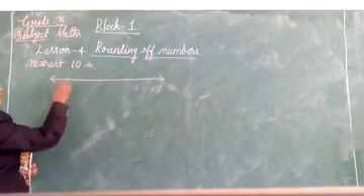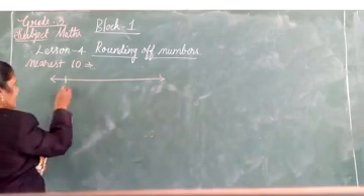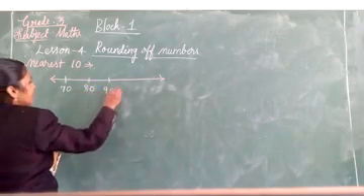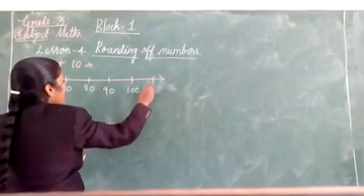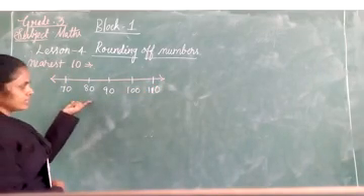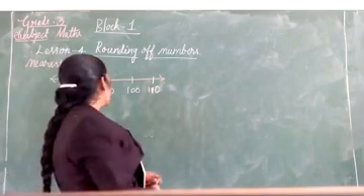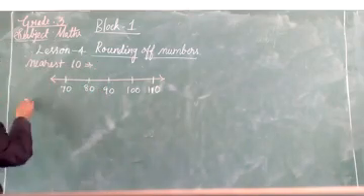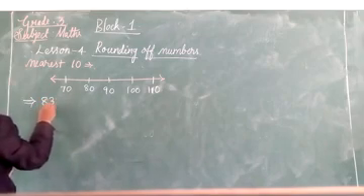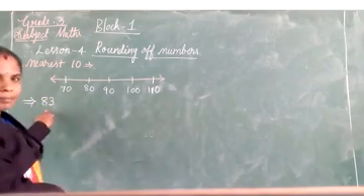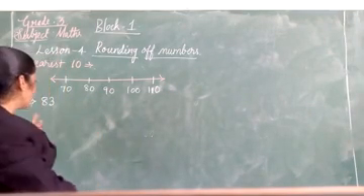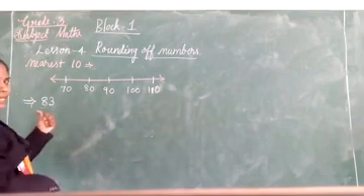For that, I am going to take 70, 80, 90, 100 and 110. The gap between the numbers is 10. So now, for example, 83. Round off the number to the nearest 10.